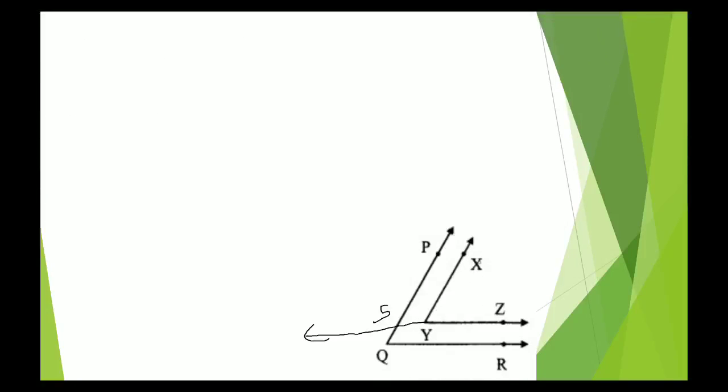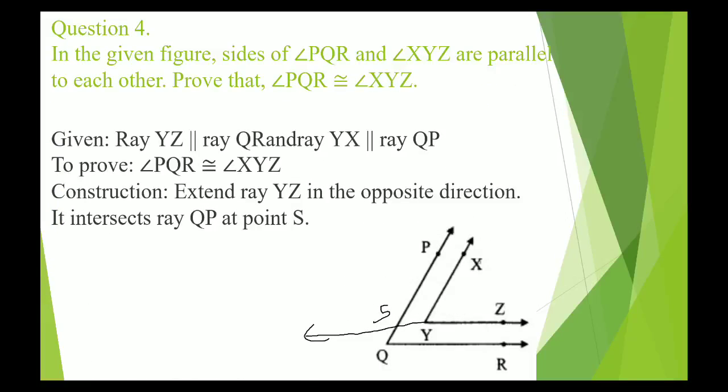Now let us solve the next sum. Question number 4. In the given figure, angle PQR and angle XYZ have parallel sides. Sides are parallel to each other. Prove that angle PQR is congruent to angle XYZ.